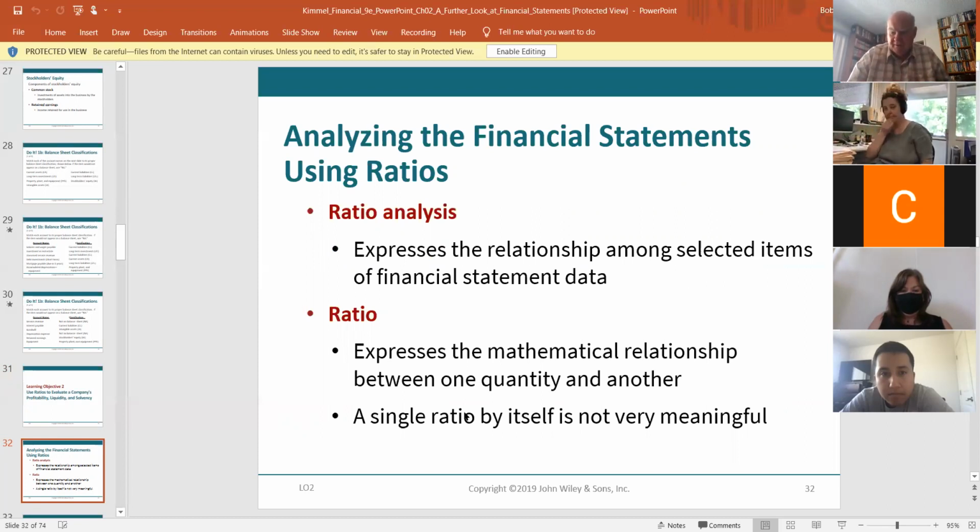Typical ratio analysis is going to take something from the balance sheet and divide it or multiply it or add it to something from the income statement to come up with a meaningful way to express what's going on. So the ratio is just dividing. It's just the mathematical relationship between one number and another. A single ratio is what we're talking about.